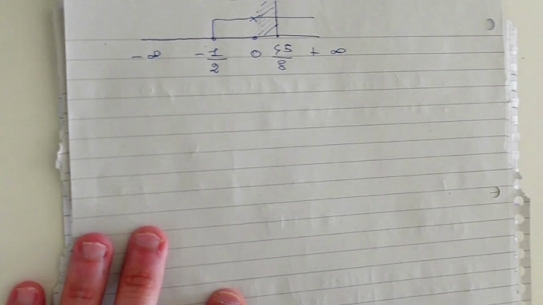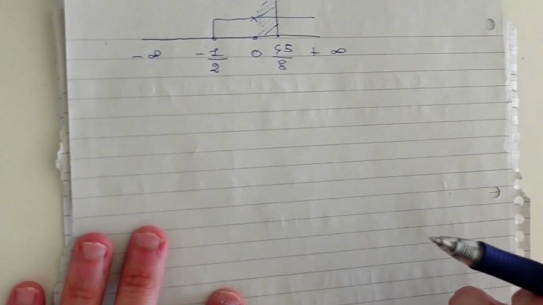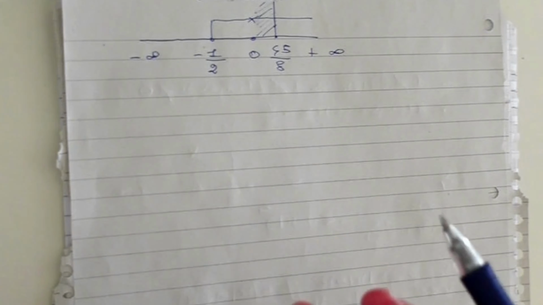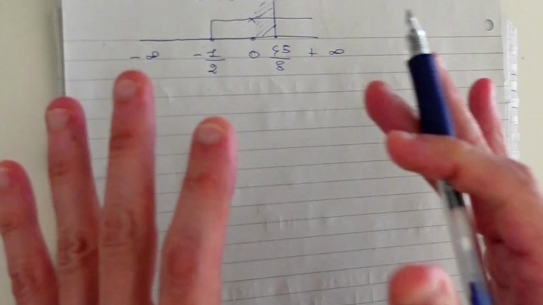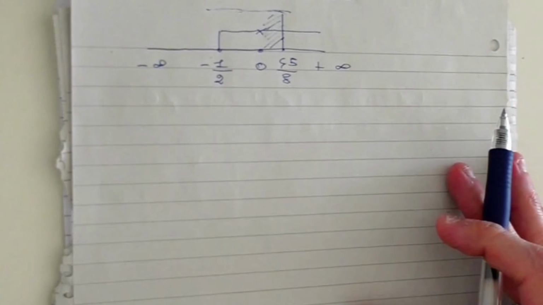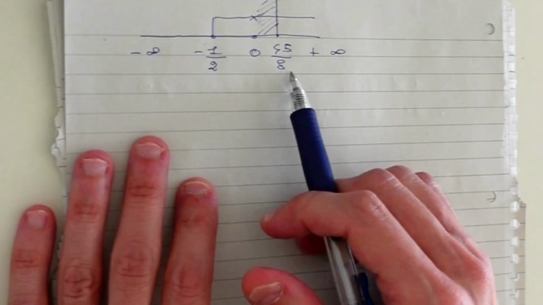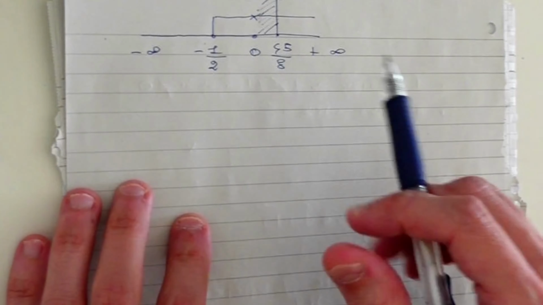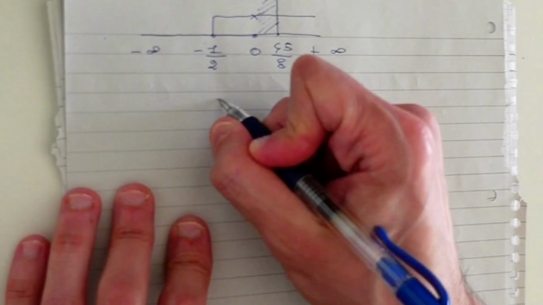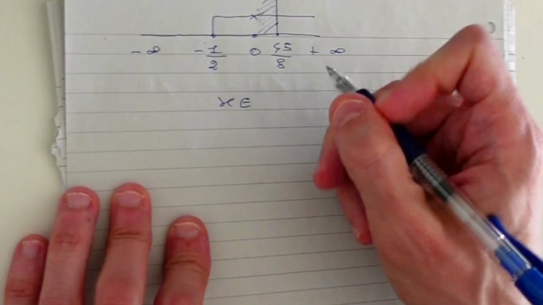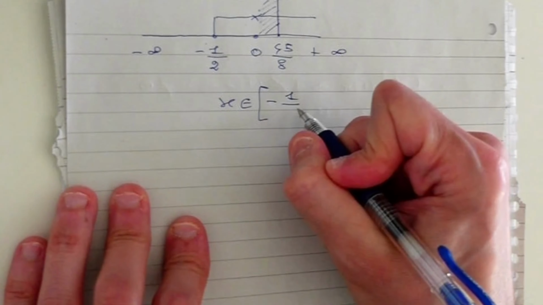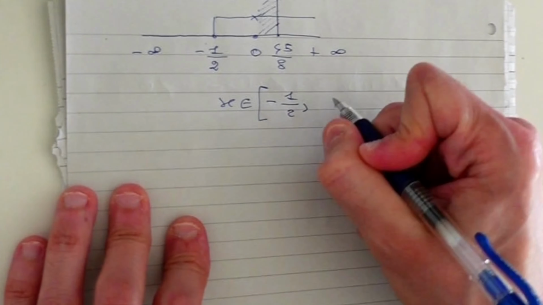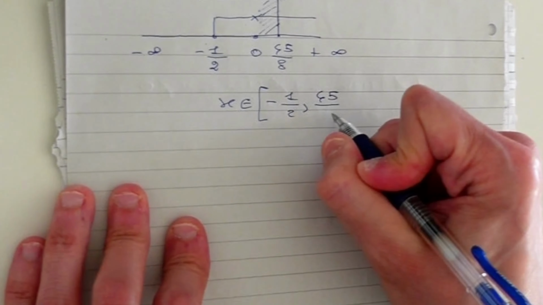So basically it turns out that the inequality is satisfied also for this value. If you just repeat exactly what I have done thus far, then it turns out that the solution is that x must be an element of this interval 45/8.